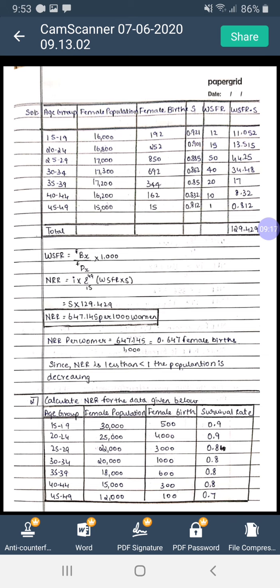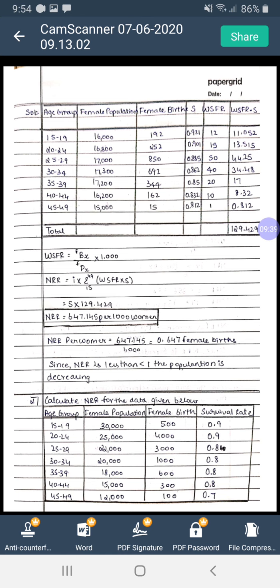Then your WSFR we will find out, that is birth divided by population. Your birth is 192 divided by 16,000 into 1000, you will get 12. For the second one, 252 divided by 16,800 into 1000, you will get 15. Then for the third onward you will get 50, 40, 20, 10 and 1.